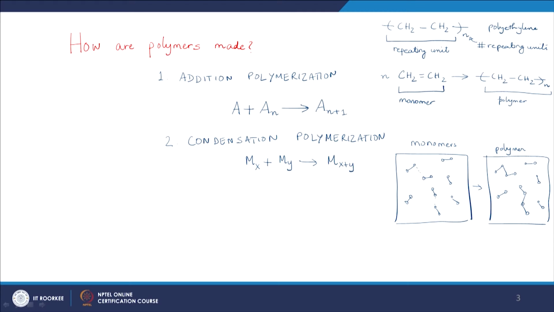Now both these chains will grow, in the case of addition polymerization, by combining with other monomers in the system, or they can, for example, come together and form a larger chain. But by and large, the key point I want to mention is that if you have a beaker or a reactor, you do not have just one polymer chain being formed, because you start with a gas of monomers or a liquid of monomers and the polymerization has ensued.